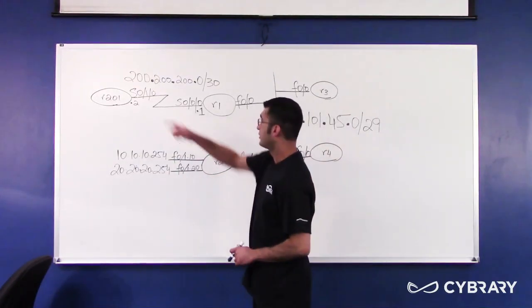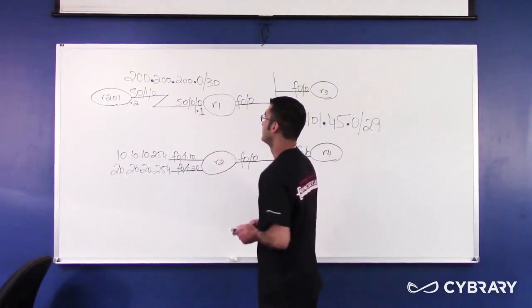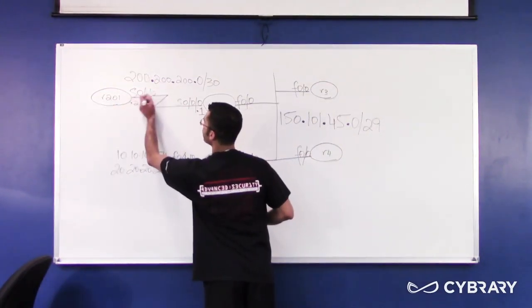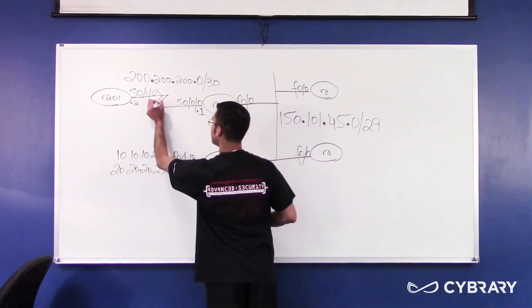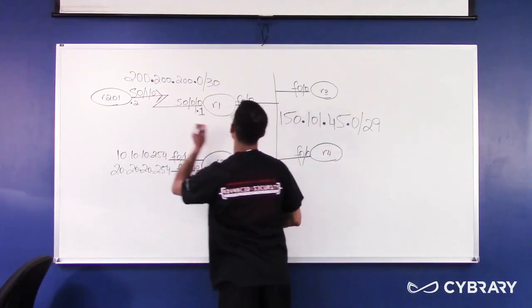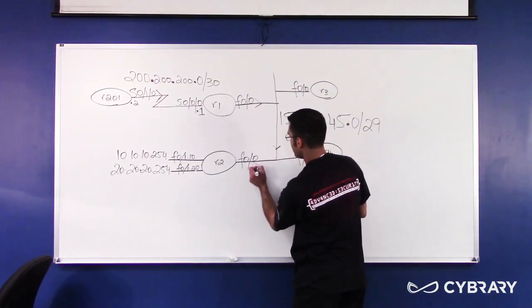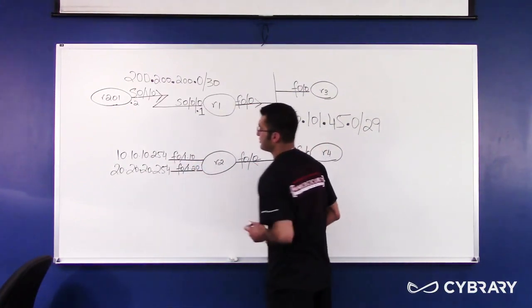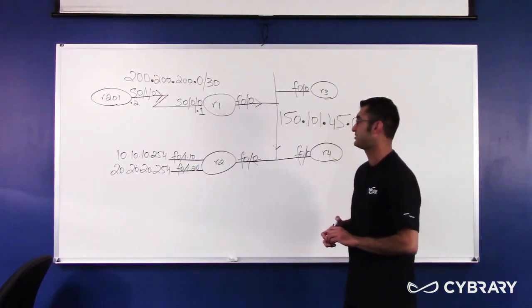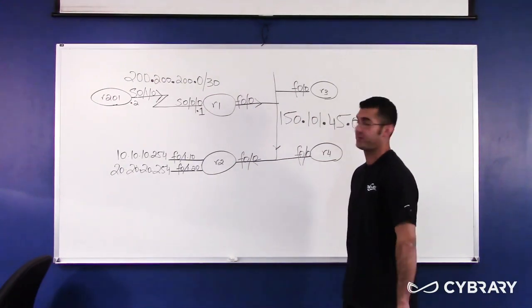On router 2, I'm going to be creating a route so that I can send traffic this way, coming this way, down to router 2's FastEthernet 0/1.10 and FastEthernet 0/1.20 interfaces.